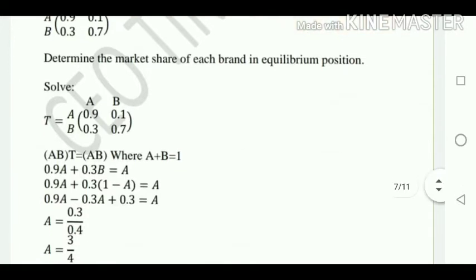Okay, so therefore (A B) times the matrix 0.9, 0.1, 0.3, 0.7 equals (A B). Therefore 0.9A plus 0.3B equals A, where B equals 1 minus A. So in the place of B you substitute B equals 1 minus A.